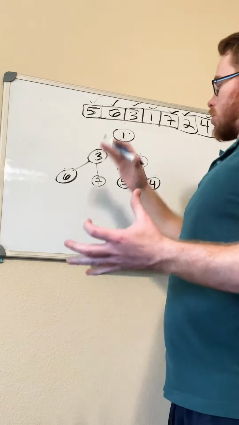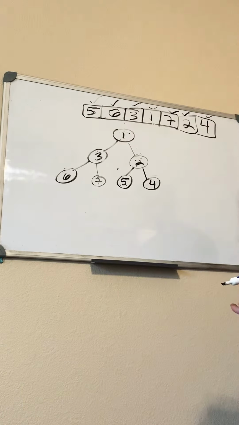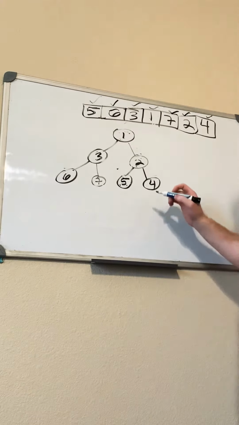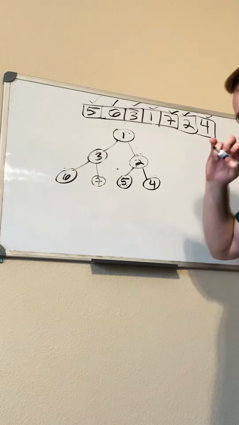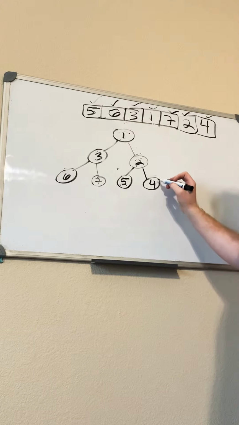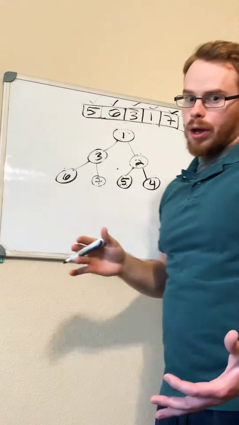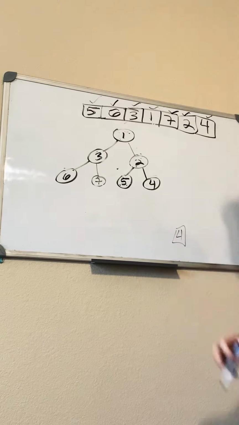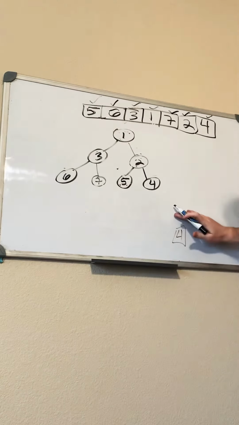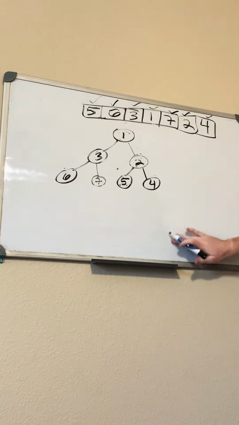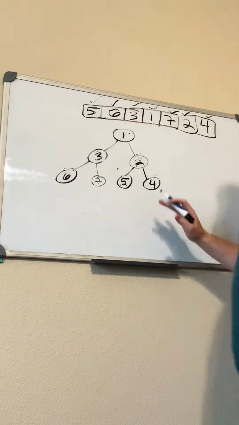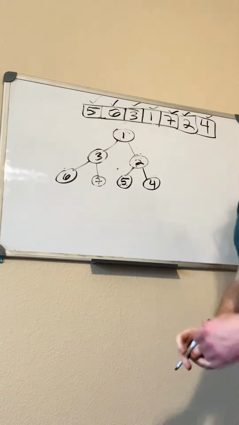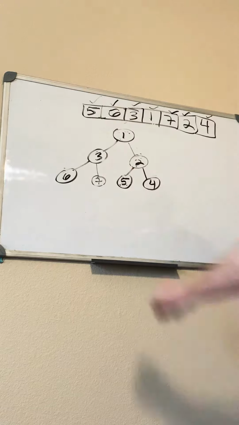So whenever you're deleting a value from a heap, the key thing to know is we always want to delete the last guy in the array. So I probably shouldn't erase this array, but 4 would have been the last guy in the array. Because we know how to delete that. That is easy. That doesn't goof up our heap. So we always will be deleting this last node when we want to remove something from our heap, okay?